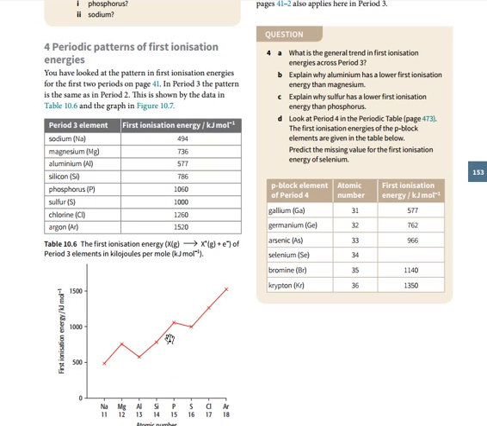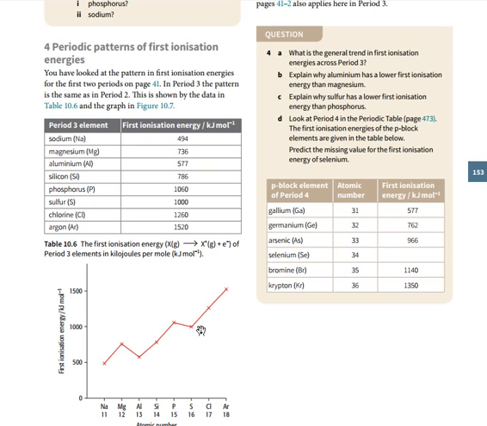Then we have silicon. The electron also enters the same p subshell, but you have an increased electronuclear attraction. This is why the first ionization energy is high. Next, an electron again enters the same p subshell, making three electrons entering the same p subshell, and you have an increased electronuclear attraction.